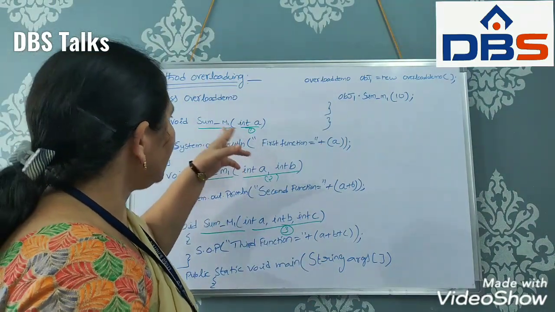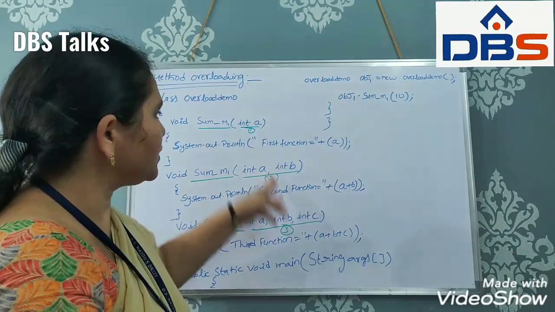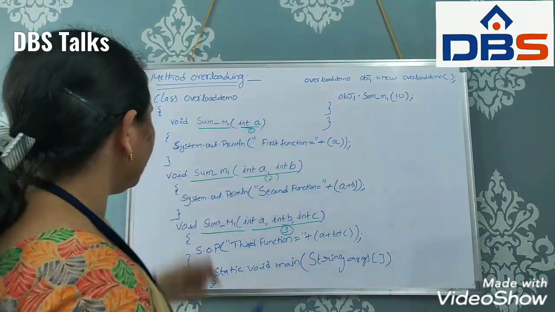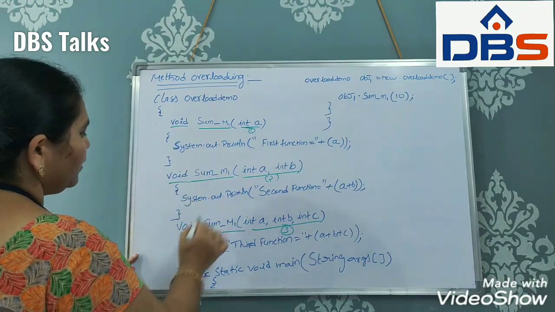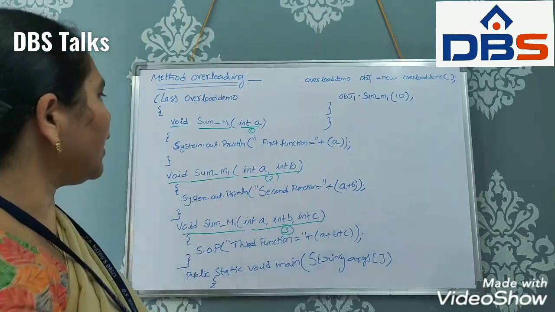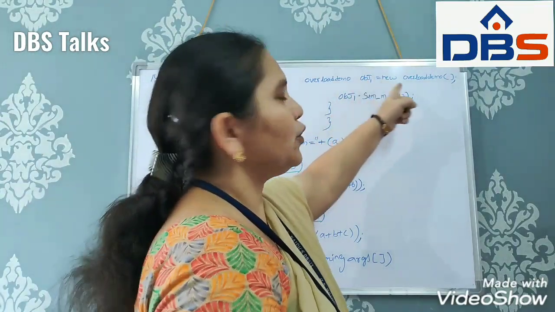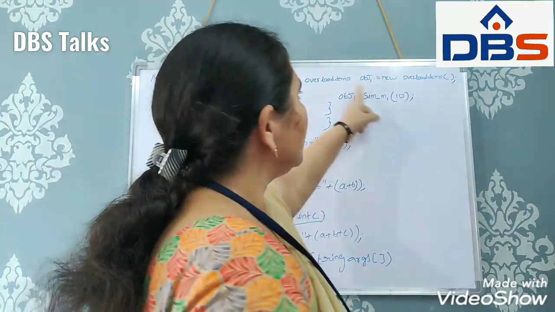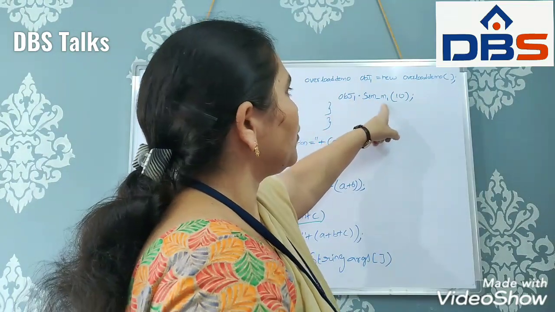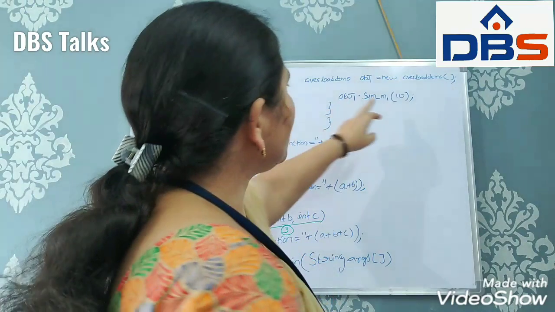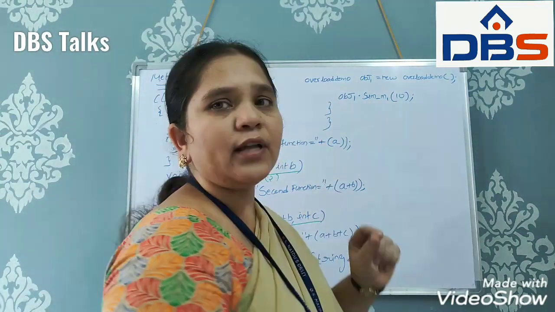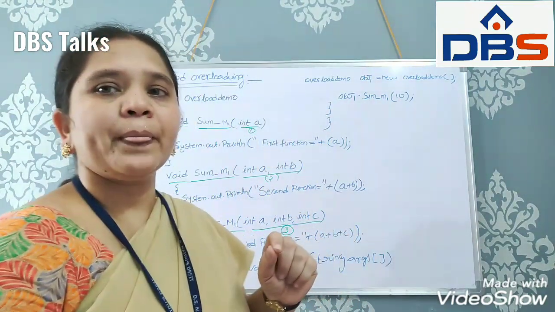So same name, different signatures and same return type. What is that return type? Void return type. Then I am creating an object, and through the object I am calling this method according to the signature.